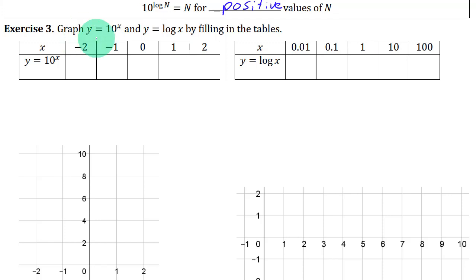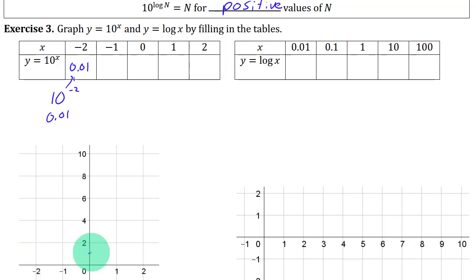So anyways, I'm going to get started with this one. If we want to graph y equals 10 to the x and also y equals log of x by filling in these tables, 10 to the power negative 2 is going to go in here, which is the same thing as 0.01, 1 divided by 100. That's going to be a point on the graph over here.